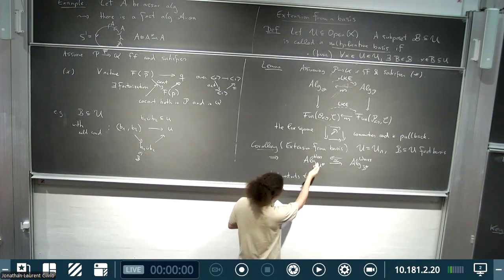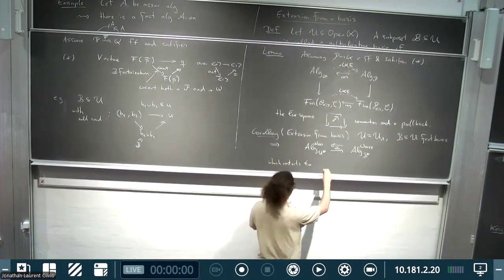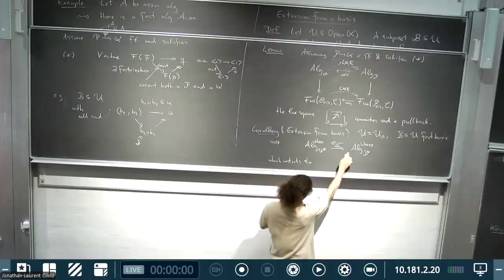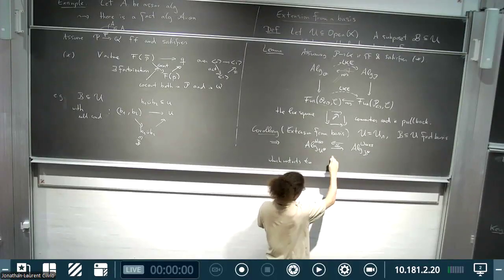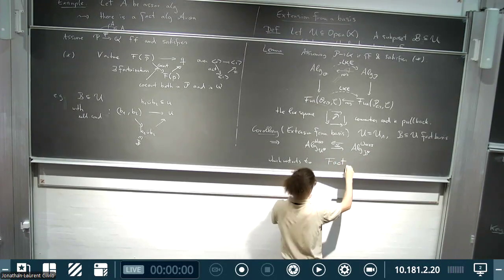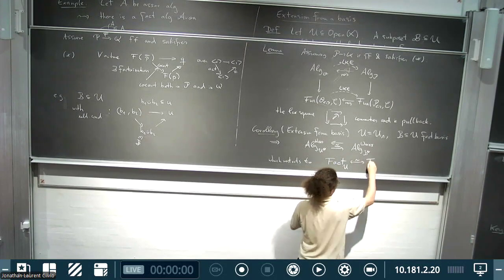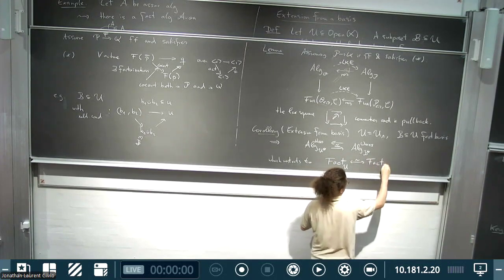You can impose the multiplicativity condition separately on both sides, and this equivalence preserves the multiplicativity on both sides, and therefore yields an equivalence between factorization algebras on U and factorization algebras on D.